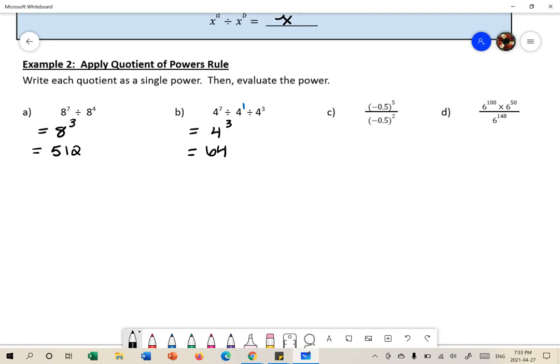Next, we have the same base, negative 0.5. And then I'm going to subtract 2 from 5. And that is equal to negative 0.125. And finally, this is a 2-step answer. I'm going to simplify my numerator first and then divide it by my denominator.